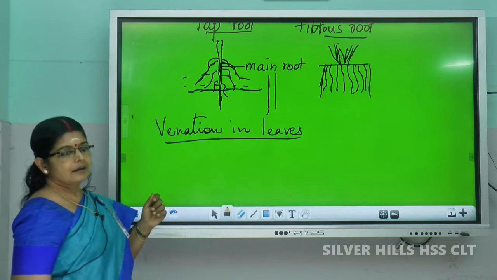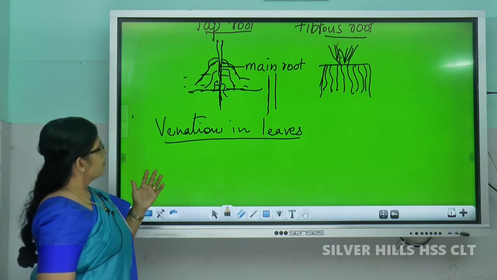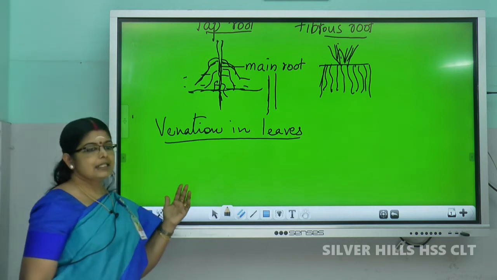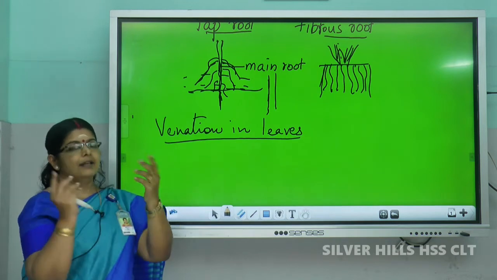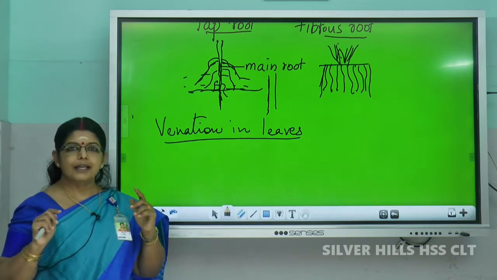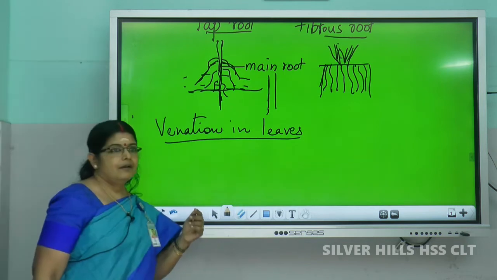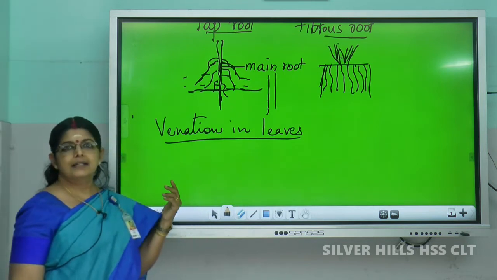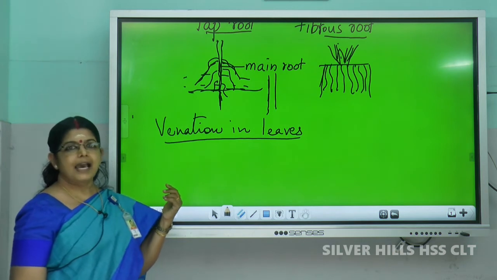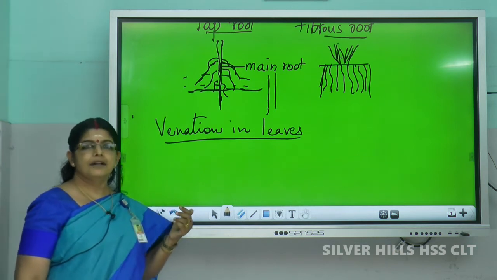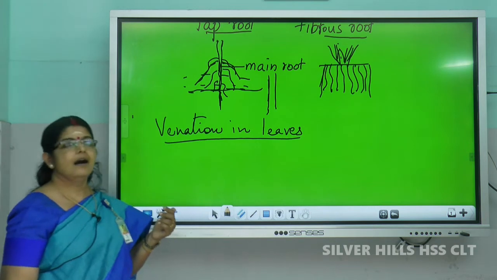What are veins? Look at the hands and different parts of the body. You can see veins. Network-like veins. What is the use of veins? Veins carry blood from different parts to the heart.